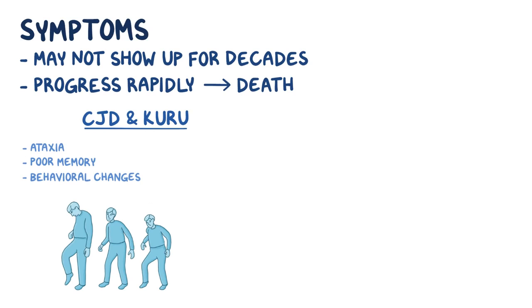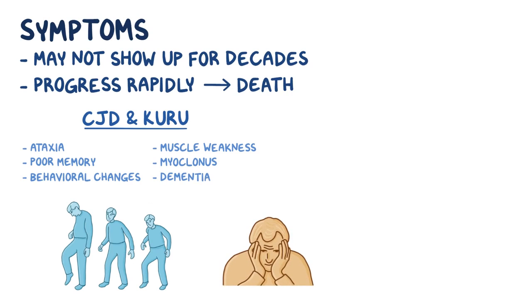Later stage symptoms include muscle weakness that makes it difficult to walk or stand, and myoclonus, which is quick, jerky movement of the muscles. Hiccups are an example of myoclonus. Finally, there's dementia, which is where a person loses their mental functions like memory, decision-making, and reasoning.